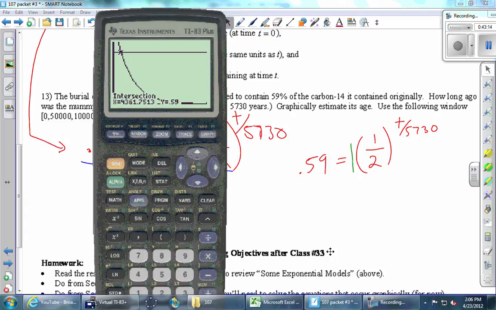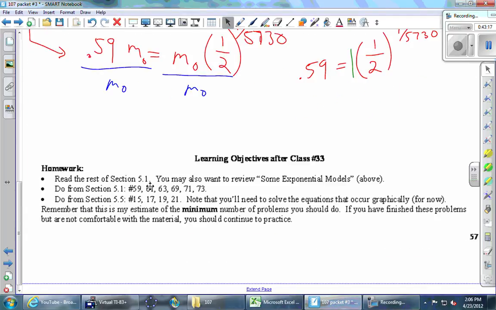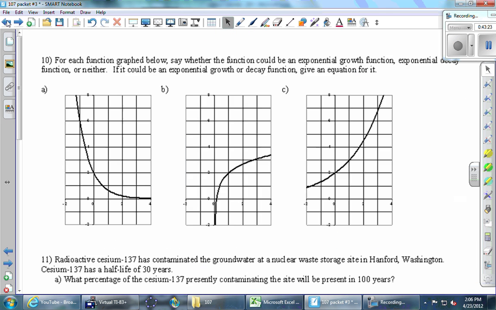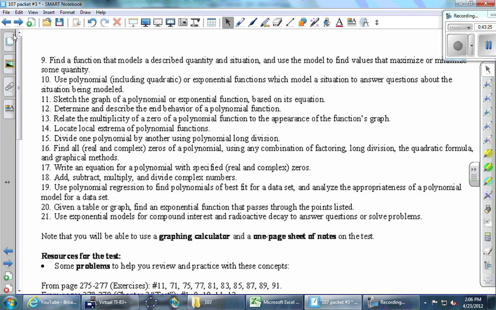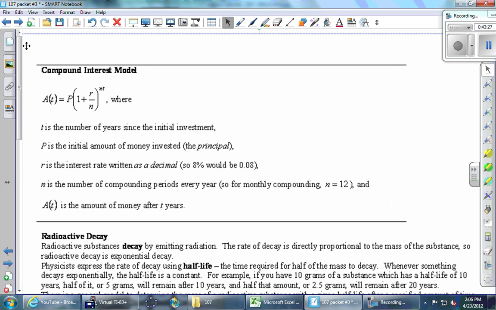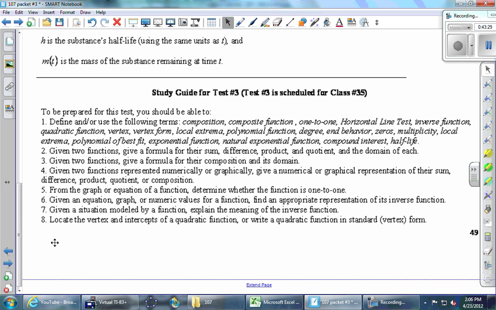Okay. So the homework is there. And in the last 3.5 minutes or so, I just want to talk a little bit about the test. So if we go back a few pages, can you guys jump to page 49?